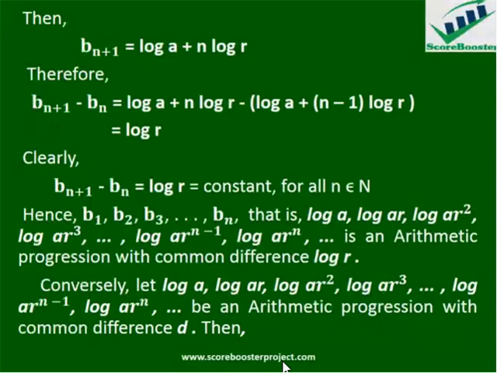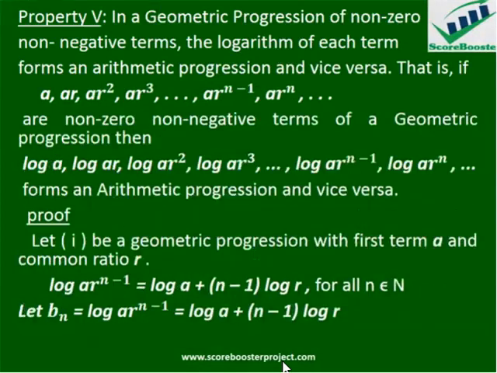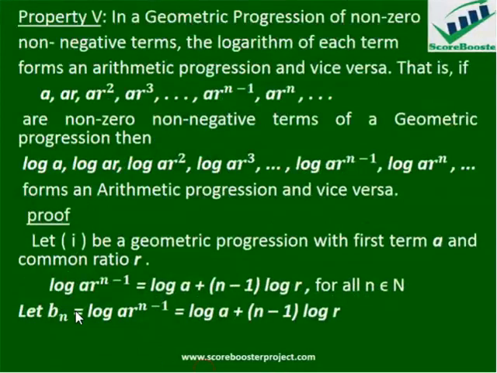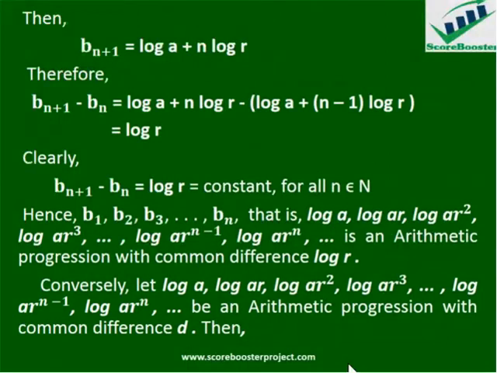So here b n plus 1 will now be log a plus n plus 1 minus 1 log r, and this will give n log r. That is why we have b n plus 1 equal to log a plus n log r. And they said the logarithm of the terms of a geometric progression will form an arithmetic progression.